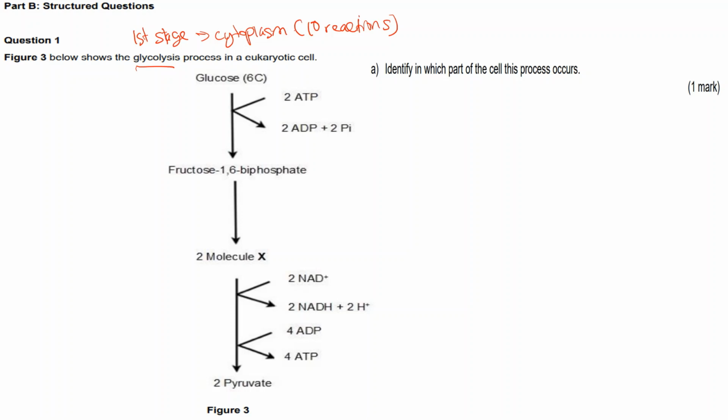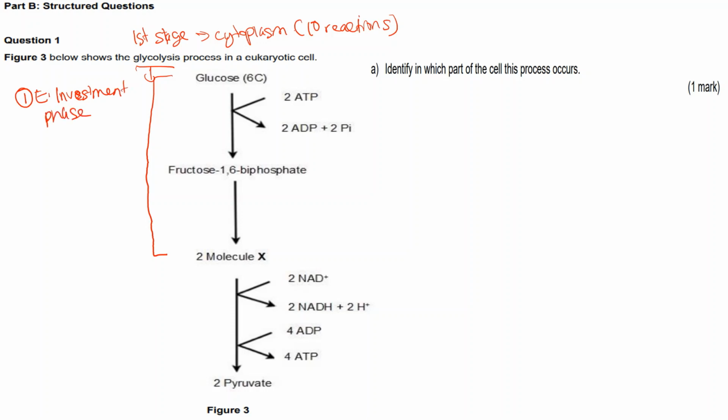So glycolysis has two phases. The first phase is from glucose until it produces two molecules of X. So what is X? I will explain later. The first phase is the energy investment phase.